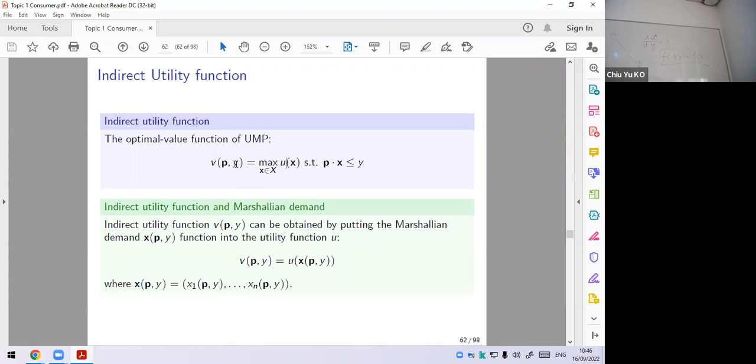Then you can avoid assuming anything about your Marshallian demand, because if you assume Marshallian demand, you have to go through all the optimization to get what you want. If you just assume this part, things become easier. And indeed, you see some models where people directly assume the indirect utility function.